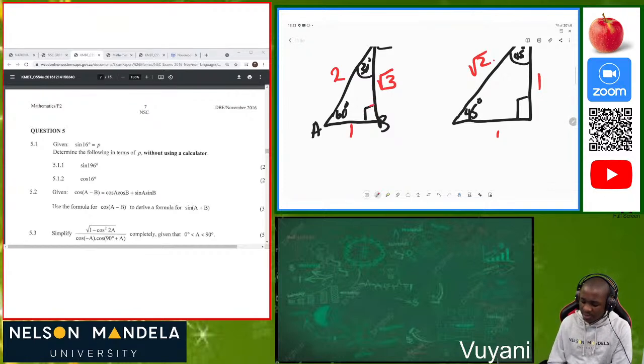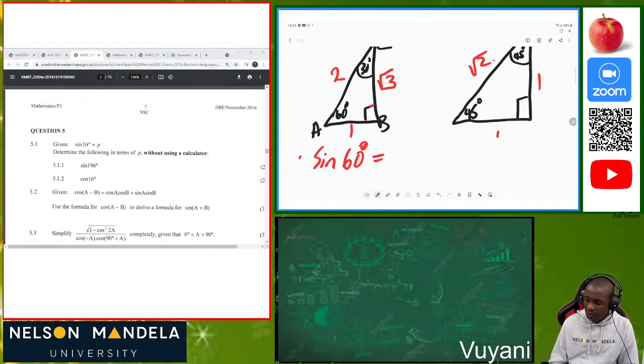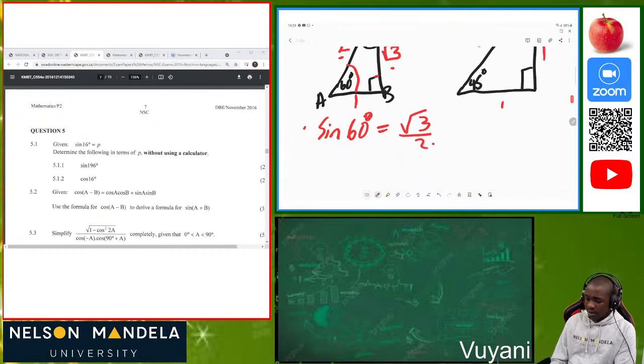So maybe let me just make a quick example. If they say sine of 60°, when we are using this reduction table as well, sine 60°, we know sine is opposite over hypotenuse. So your answer must be √3/2. Number 2, maybe when they say tan of 30°, where is the angle 30°?